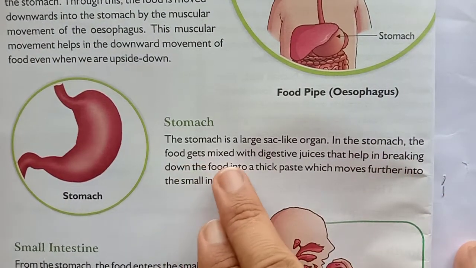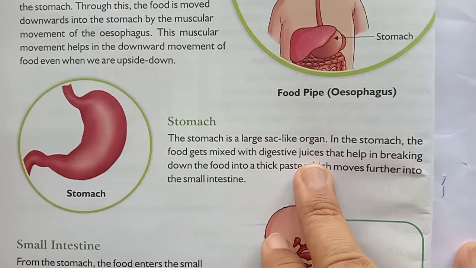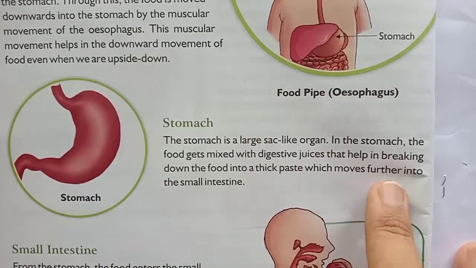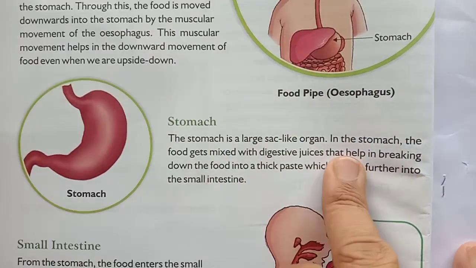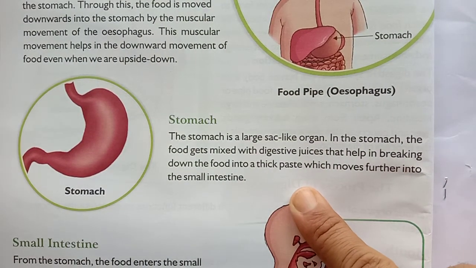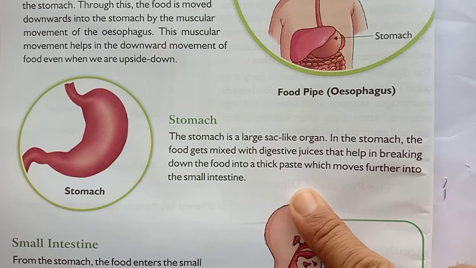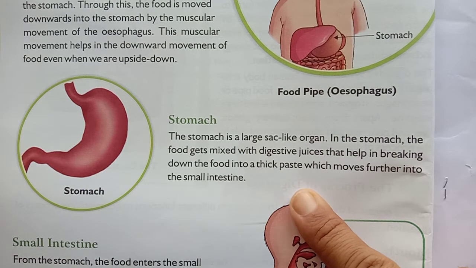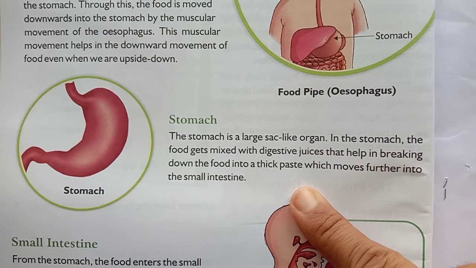Some juices are there in the stomach, called digestive juices. They help break down the food into a thick paste. In the stomach it becomes like a thick paste, which then moves from the stomach to the small intestine.